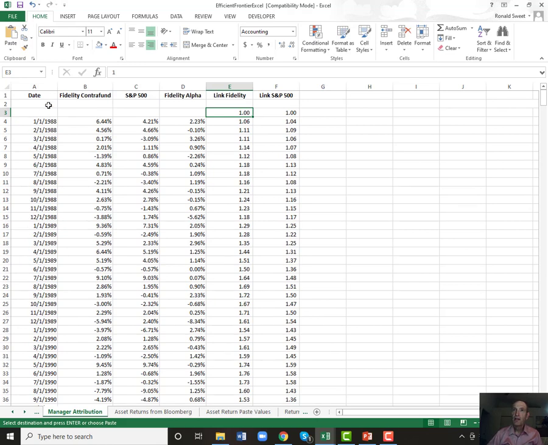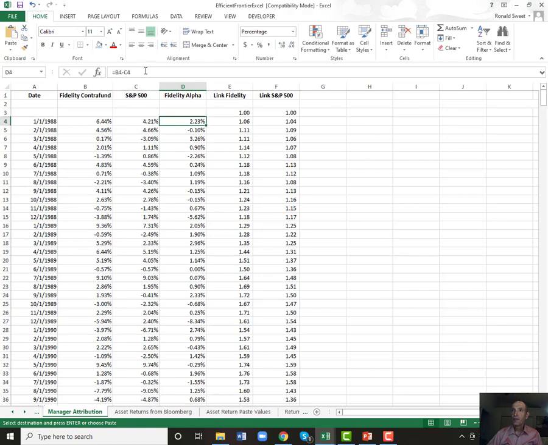So step 1, find the fund you're going to use. Step 2, get their data back as far as you can, but not beyond January 1988 returns. Get their returns and put those into your Excel file under Manager Attribution. Find the best match of the asset classes. You may have to experiment with 2 or 3 of them.